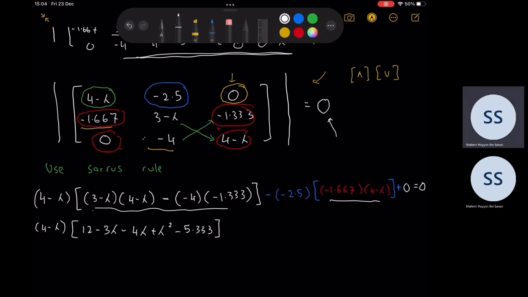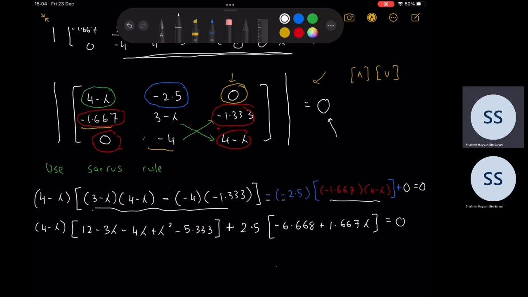This is the thing in the bracket. And since negative and negative we can plus, so we can plus 2.5 multiply, expand the things in the bracket. So it will become negative 6.668 plus 1.667 lambda. This is equal to 0.